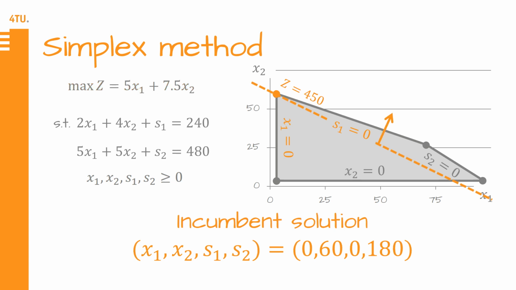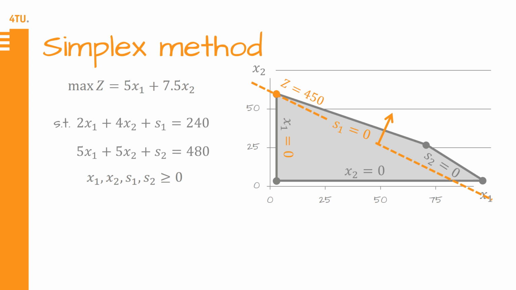Moving the objective function line in a perpendicular direction will increase the value of the profit. We can do this by letting x1 become basic and moving along the S1 equal to 0 line. The next basic feasible solution we hit lies at the intersection point of S1 equal to 0 and S2 equal to 0.